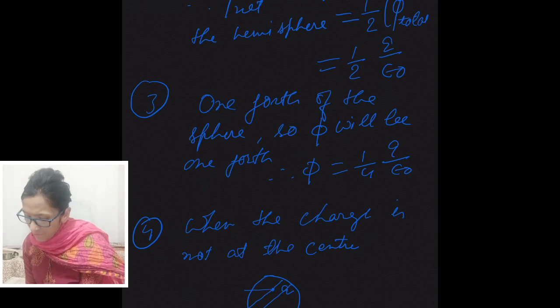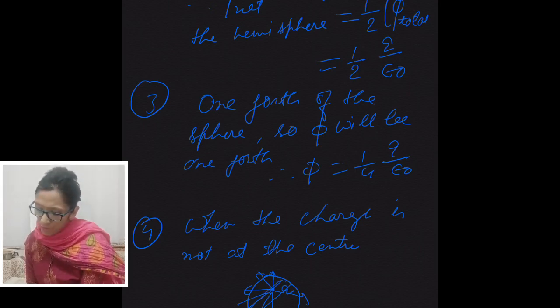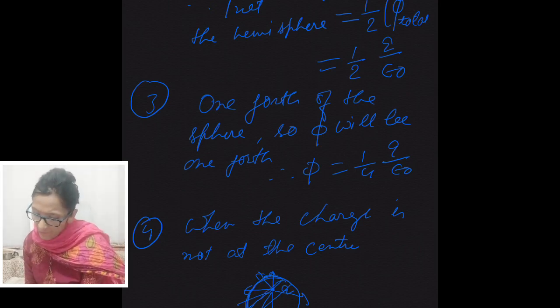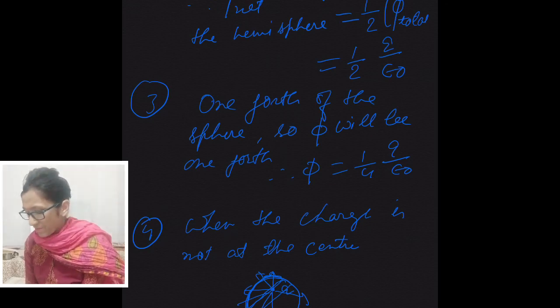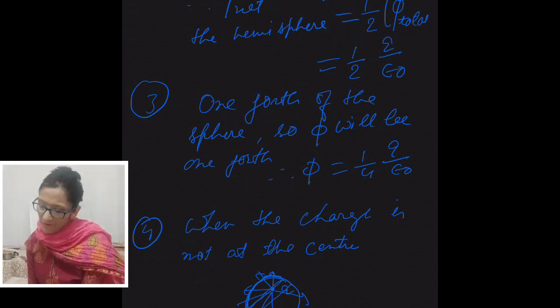Draw a line from here, and half of the flux will be crossing above this line, and the rest half of the flux will be crossing below this line. So you can see that for this small part of the sphere, half the flux passes, and for the rest of the sphere, the next half of the flux passes.